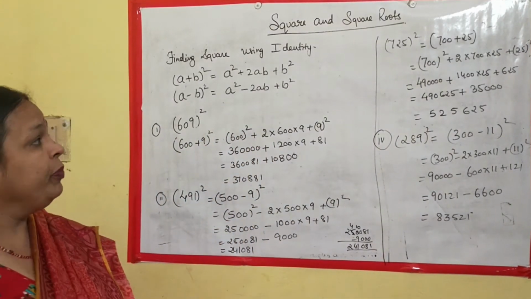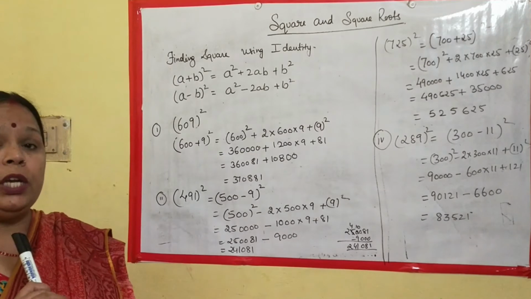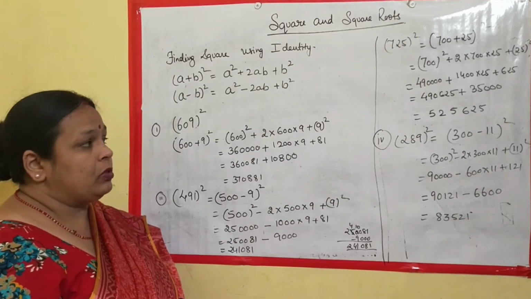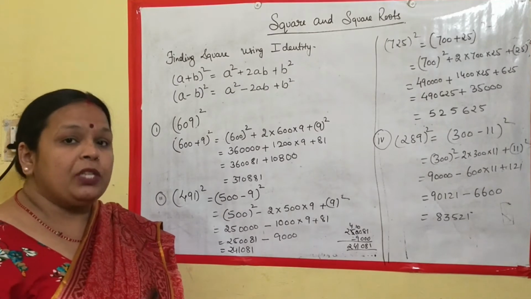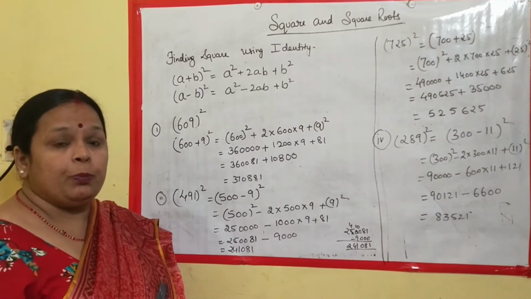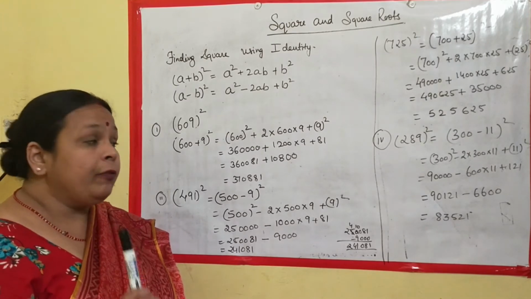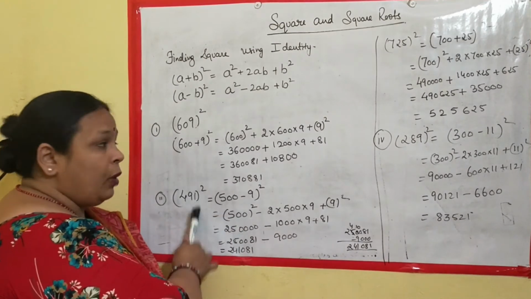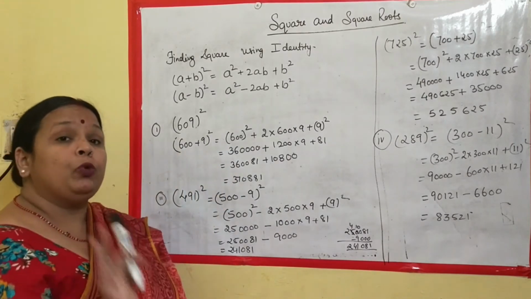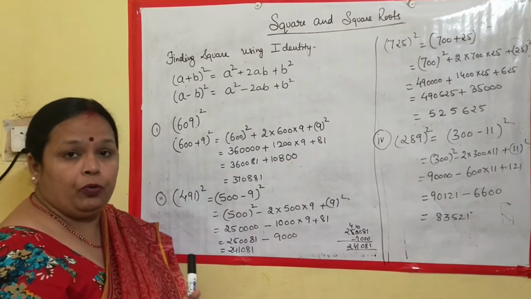That is 83,521. Okay. So we have seen that using identity a plus b whole square, a minus b whole square, you can express the number in the form of a plus b or a minus b. I have shown you for this two options, for this also two options, for every number we have two options. It is up to you how quick you are going to follow.